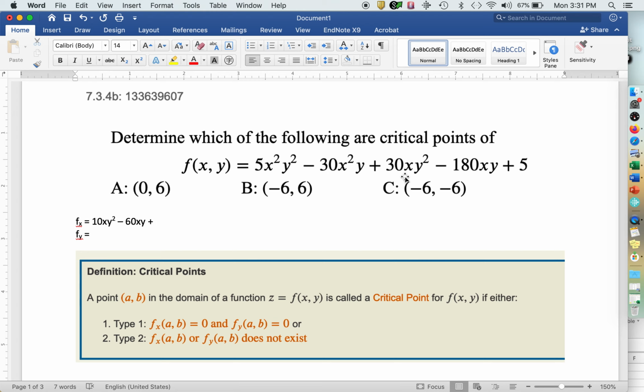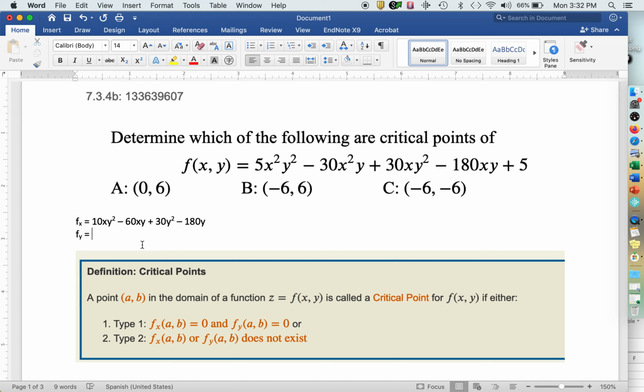You can do power rule on it: x to the 1 would be 1, x to the 0. So the derivative of the third term is just going to be 30y squared, minus, and then again I have an x to the first power, so its derivative is just going to be 1, and I'm going to get 180y. And the derivative of the 5 at the end is just 0.